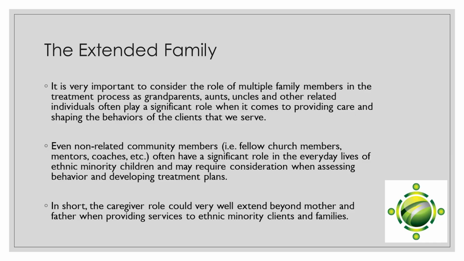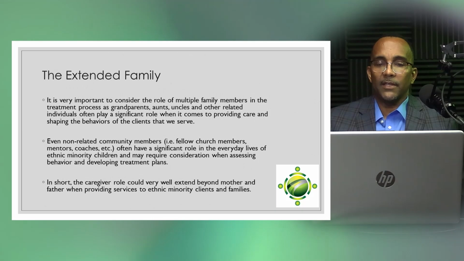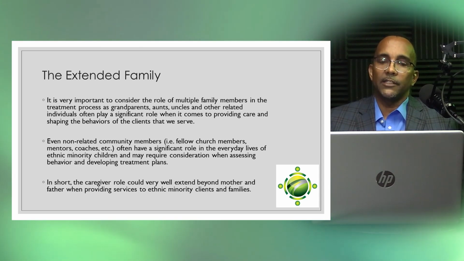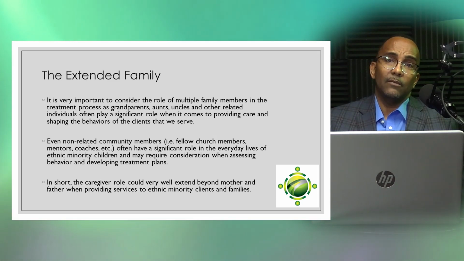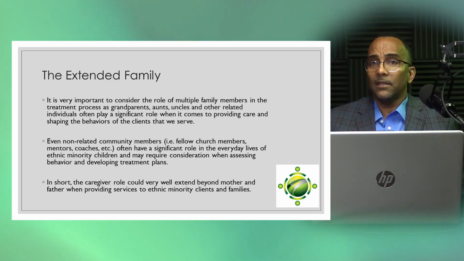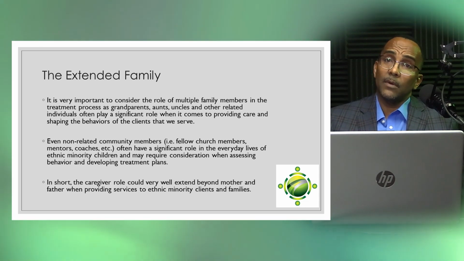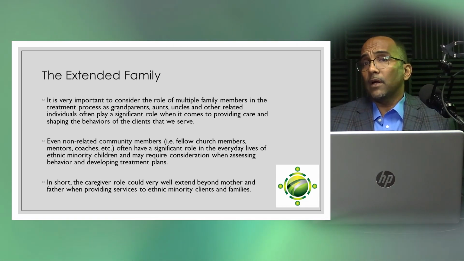It's very important to consider the role of multiple family members in the treatment process, as grandparents, aunts, uncles, and other related individuals often play a significant role when it comes to providing care and shaping the behaviors of the clients that we serve. So you may have clients where mom and dad may sign the consent. The kid spends time with grandma, grandpa, maybe with an aunt or an uncle.